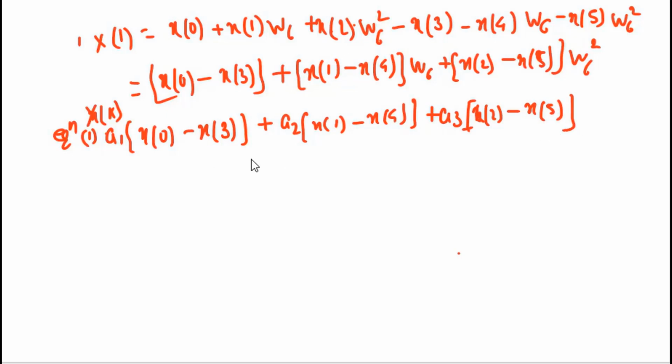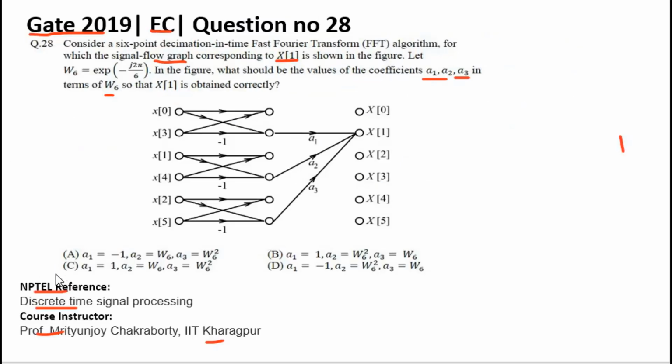By comparing these two, you will get a1 as 1, a2 as W6 and a3 as W6 squared. So the correct answer for this question is option C.